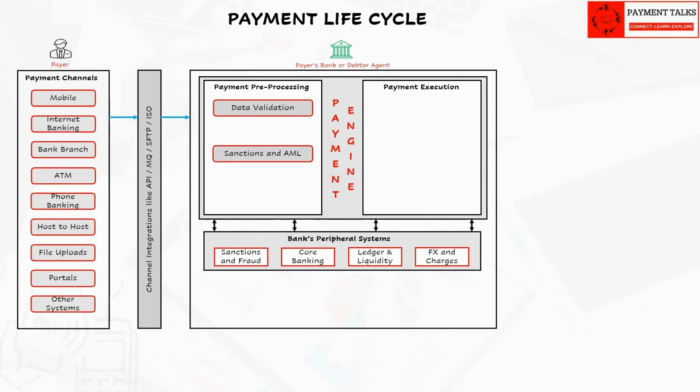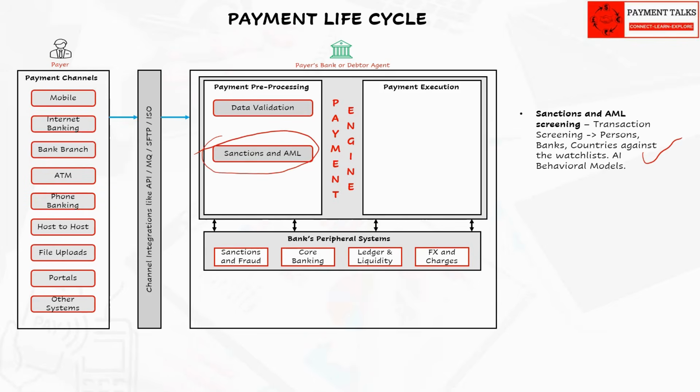Sanctions check ensures the bank or payment processor complies with international and local regulations by not dealing with prohibited individuals, entities, or countries. It protects the institution from regulatory, legal, and reputational risk.